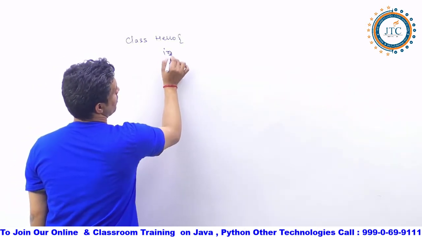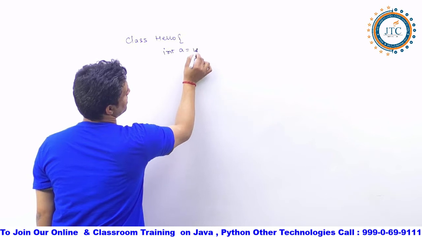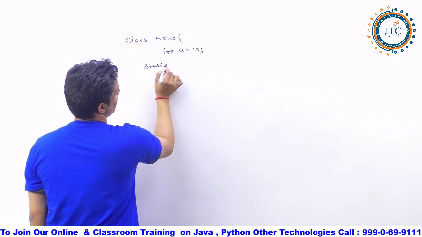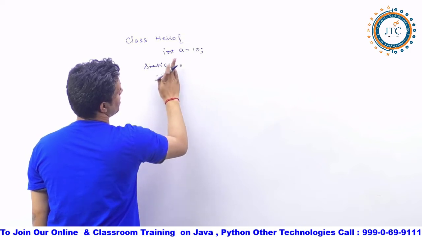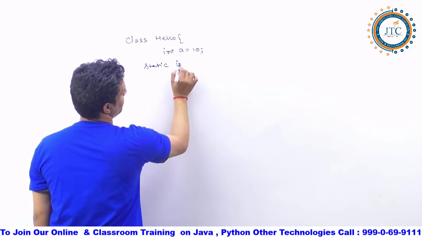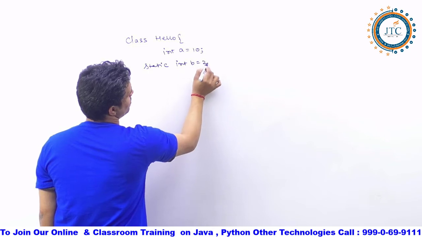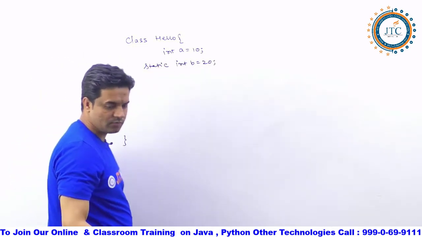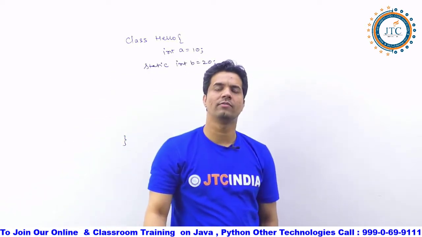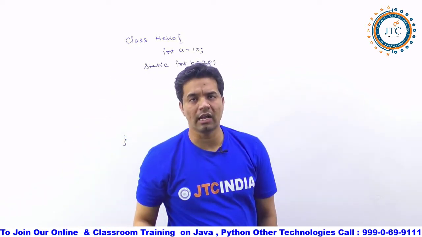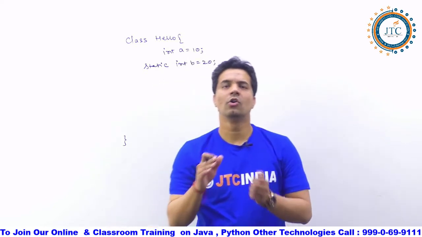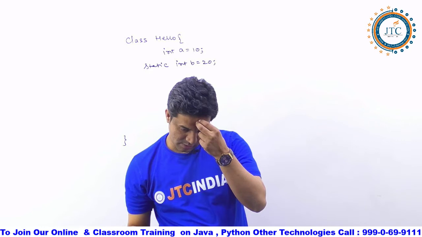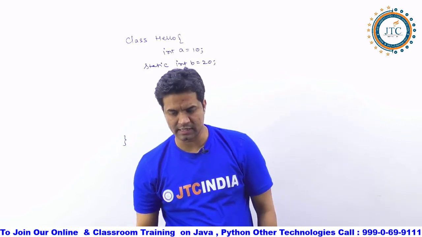One variable, int a = 10, and at the same time static int b = 20. Yesterday we were talking about only these two variables, a = 10 and b = 20, specifically.